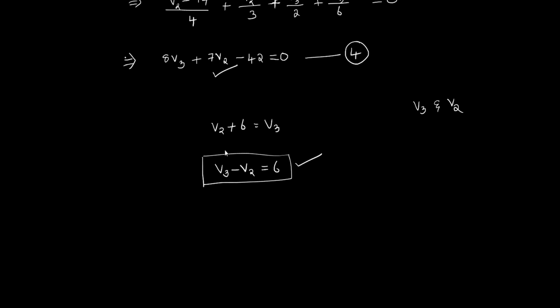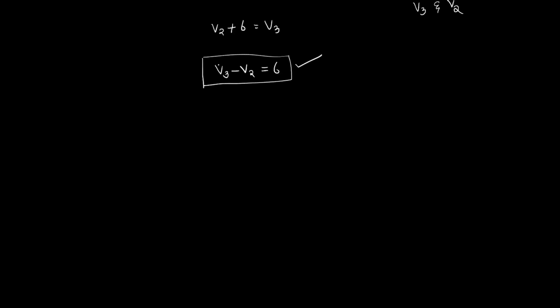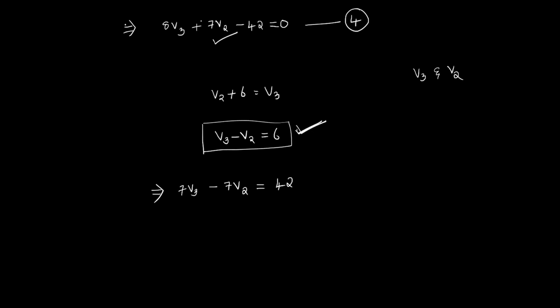On multiplying this equation with 7, we obtain 7V3 minus 7V2 is 42, and we have equation 4 as 8V3 plus 7V2 minus 42 equals 0. So we write that equation here, 8V3 plus 7V2 equals to, sending this to the right hand side, plus 42.